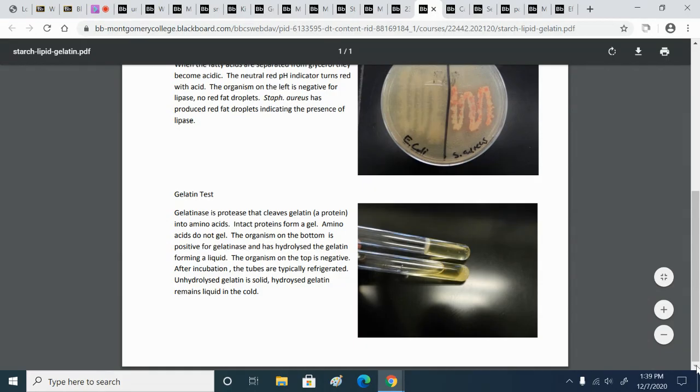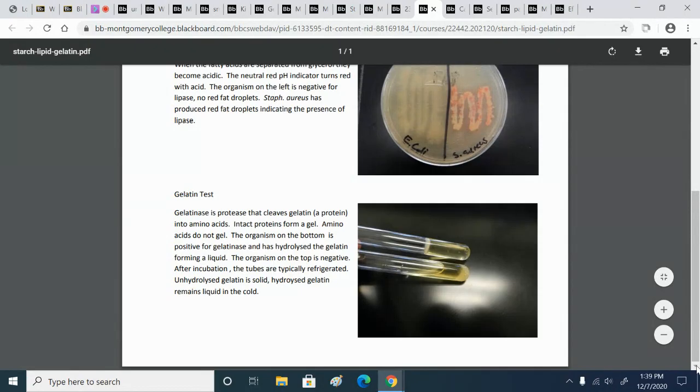So if the tube goes back to being solid, no hydrolysis. If the tube stays liquid in the fridge, then that means that the protein has been hydrolyzed into amino acids. So if the bacteria have gelatinase, the tube will be liquid in the refrigerator. If it's solid, no hydrolysis.